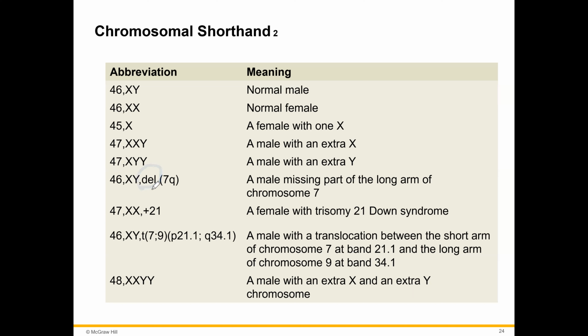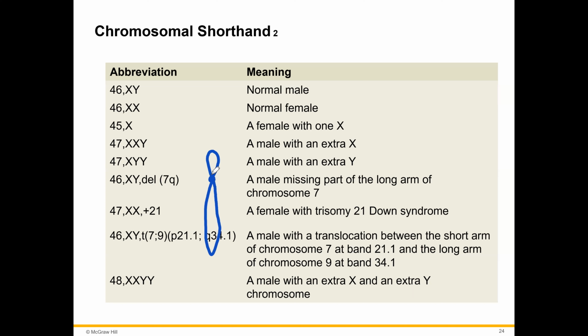We have one chromosome that lost part of it. Chromosome 7, and remember how we have a short arm and a long arm? The long arm is called the Q arm. What did I say? I'm sorry, P before Q, so short before long.